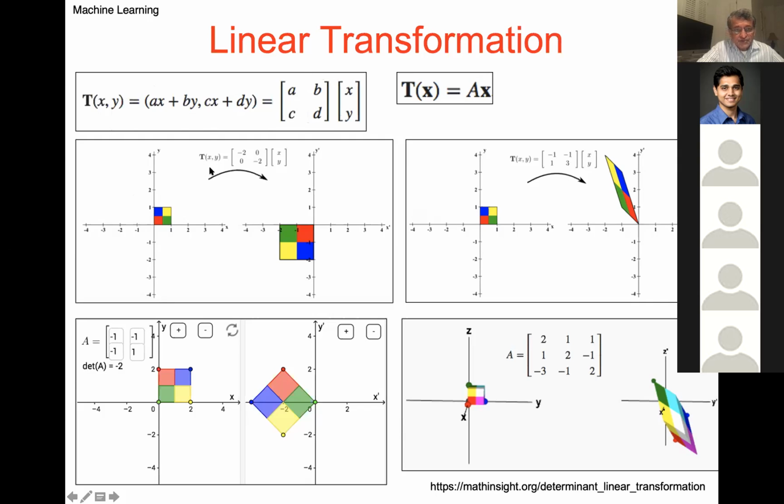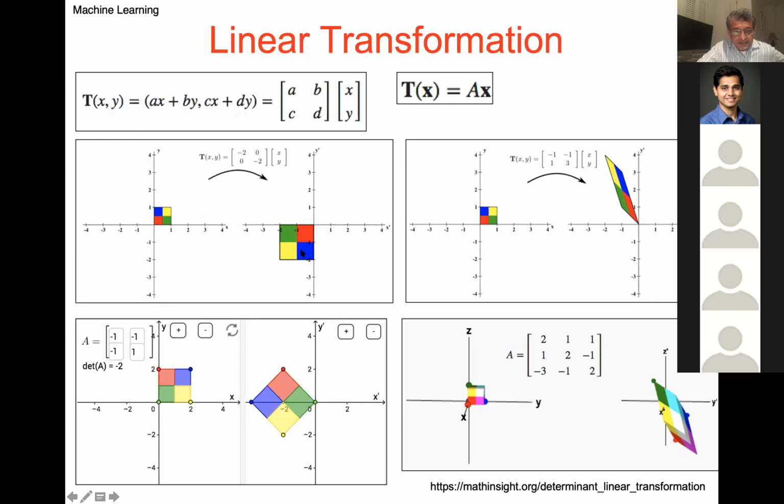So if you choose that matrix to be minus 2, 0, 0, minus 2, and you multiply the input points here, it turns out that these unit lengths become twice the size because we're multiplying by minus 2 and minus 2, and there are two zeros here. So these blue, yellow, red, and green points get transformed like this.